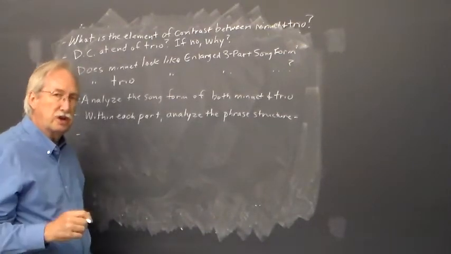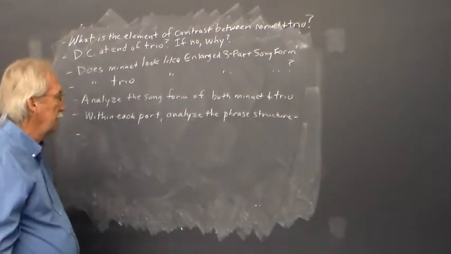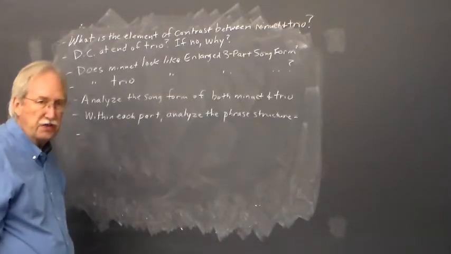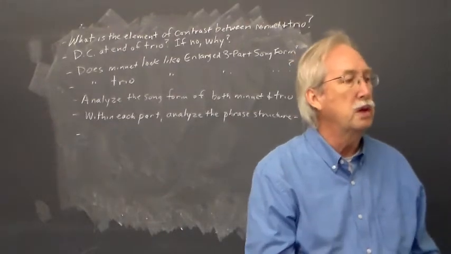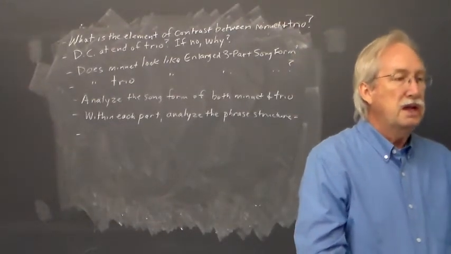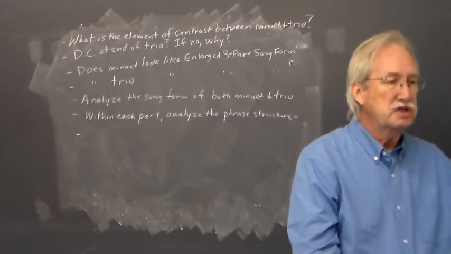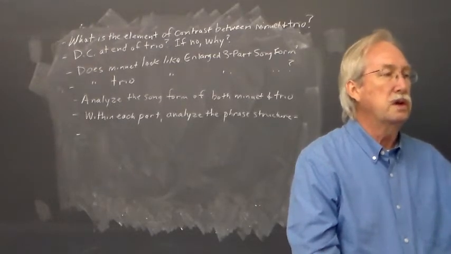In this particular example, what Mozart does at the end of part 2, just before it reaches that final dominant chord, is that he uses a German sixth chord, an augmented sixth chord.